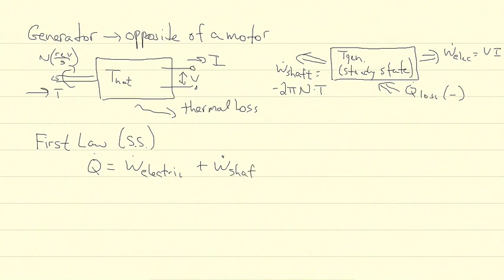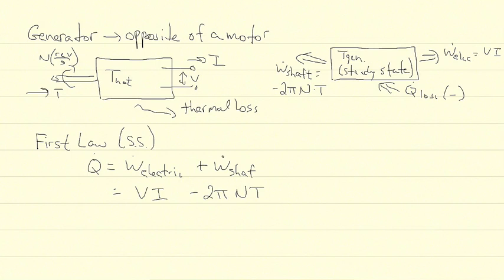And then when we fill in our known values, of course, the electric power is just the voltage times the current. This is what's coming out. And then we have, of course, the shaft power, which is negative 2 pi times the rotational speed n times the torque that is being transmitted, T.